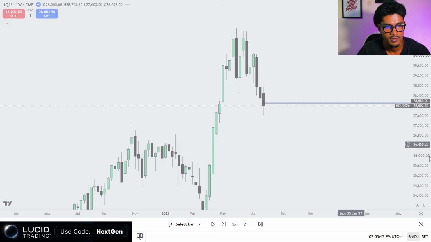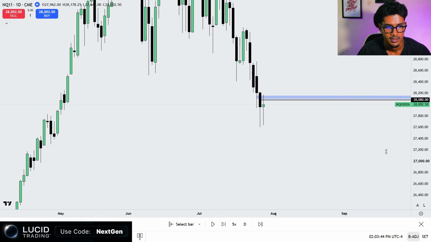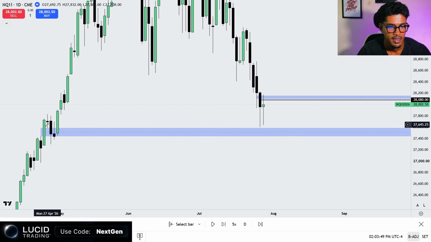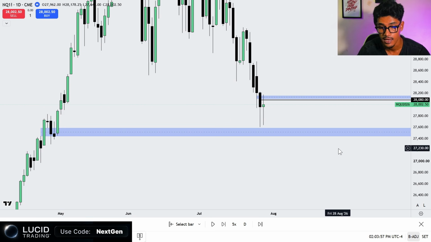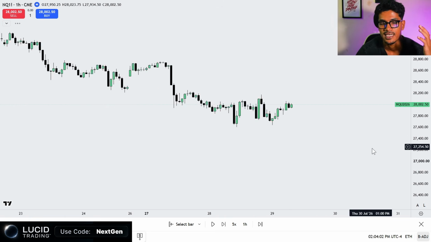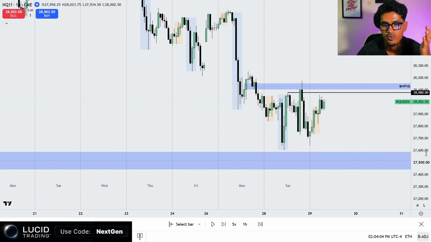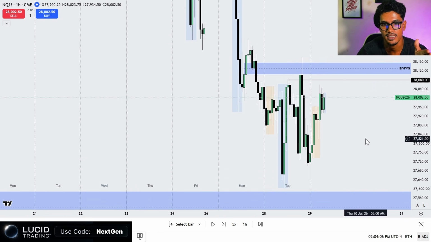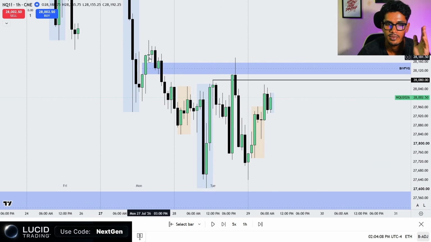Let me go back. Yeah, I think this was the gap, this bullish validated fair value gap I was initially looking at. I told you guys that I want to see price trade down into it. At that time we were bearish. If I'm bearish, all I'm trying to see is price create a swing high while clearing out buy side and trading up into a bullish fair value gap.